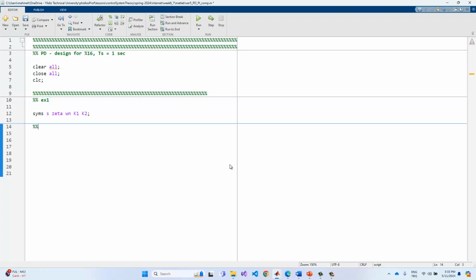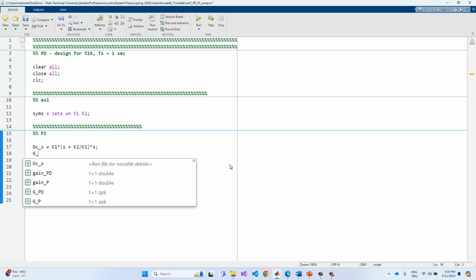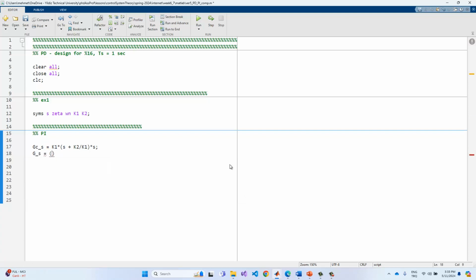And so for the PI, we can write that G_c(s) is equal to k1 times s plus k2 divided by k1 times s, okay? And also G(s) can be written as omega n squared divided by s squared plus 2 zeta times omega n times s plus omega n squared, okay?